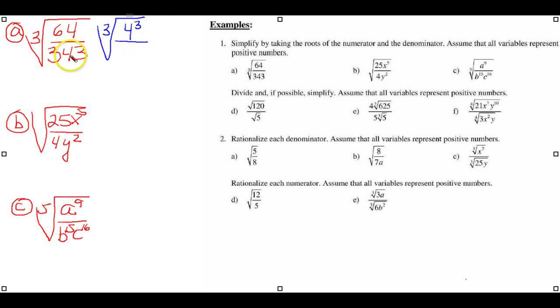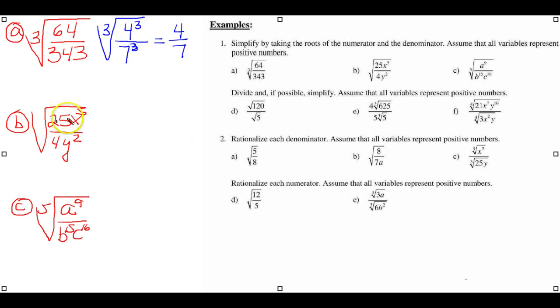And 343, you might have to do some figuring, is 7 to the third power. So if we take the third root of each of these, it just becomes 4 sevenths.